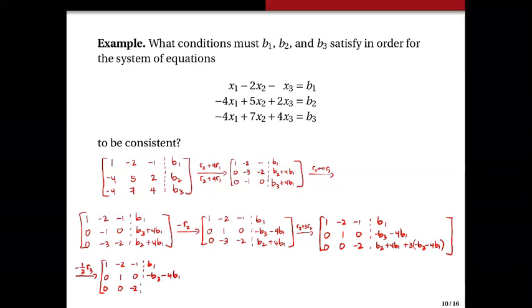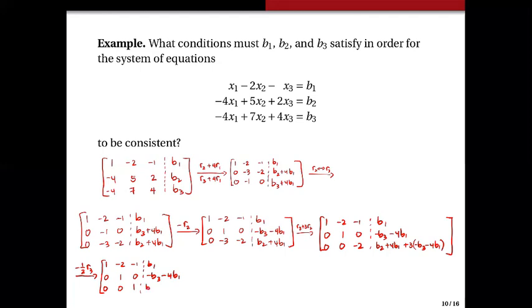Sorry, divided by -2. This is 1. This guy here, you just divide it by 2. You can simplify this in a sense that you have 4B1 here, and then here you have 3 times negative 4B1. So just try to simplify that.